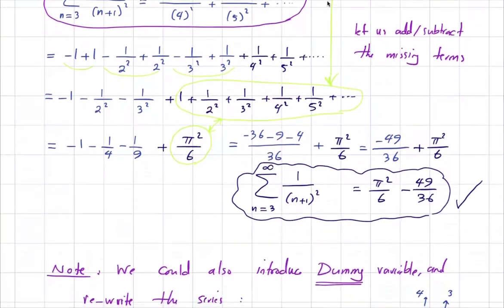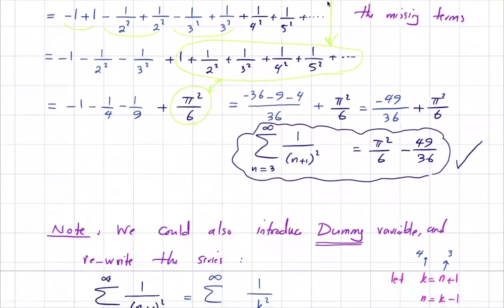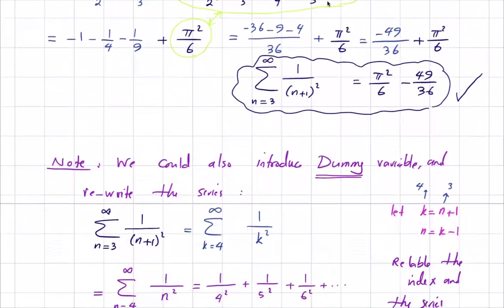You could also use dummy variables and change the index, rewrite the series, shifting the index. What I did here, wherever I saw n plus 1, I used a new variable k. So since n starts at 3, my k starts at 4, just simple substitution.